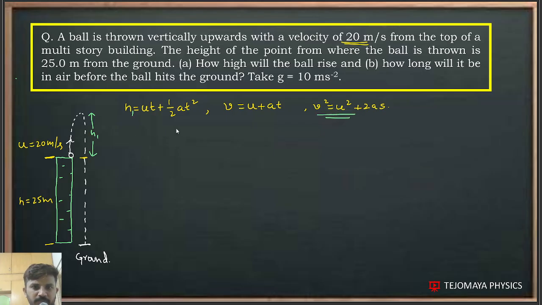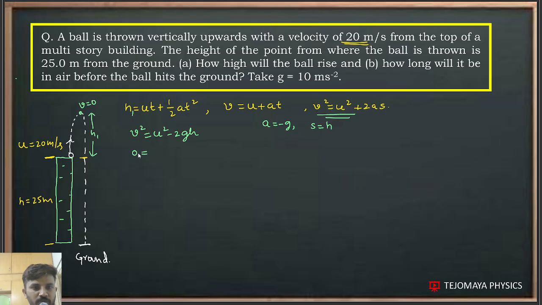Let me use this. So v square is equal to u square minus 2gh. A is replaced by minus g, that is acceleration due to gravity, and in place of s I have written h. At the peak point the final velocity will be 0.